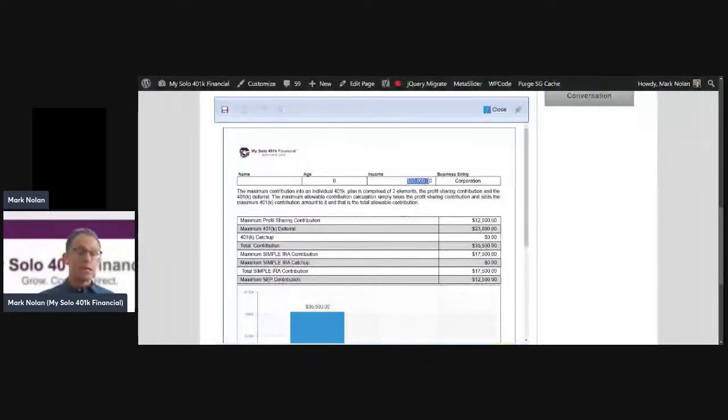So if you only report $50,000 of W-2 wages from your self-employed business, then $50,000 is the maximum you can contribute. And if you choose to make that $50,000 contribution as a voluntary after-tax solo 401k contribution, then you won't have any more W-2 wages to contribute any employee or employer pre-tax contributions.